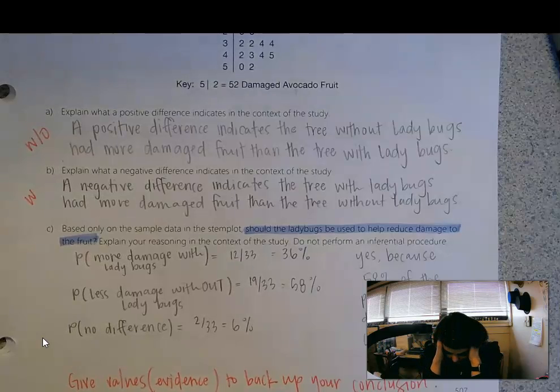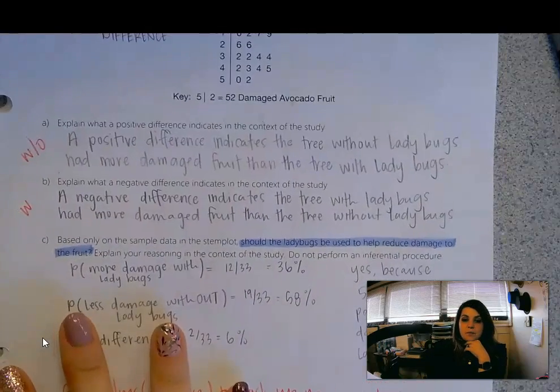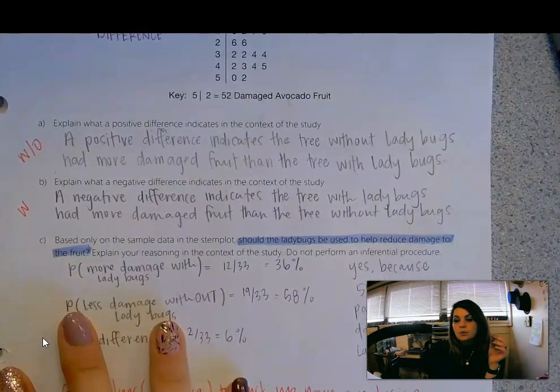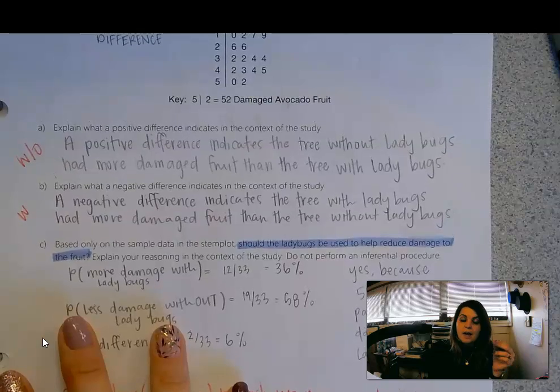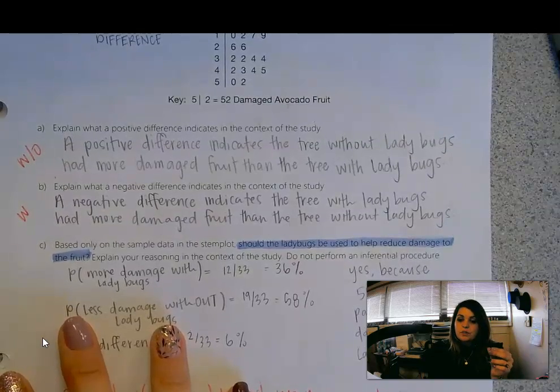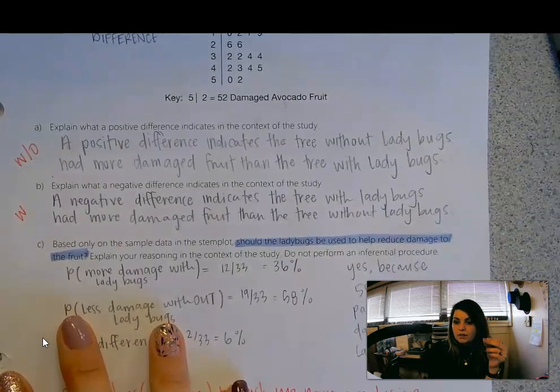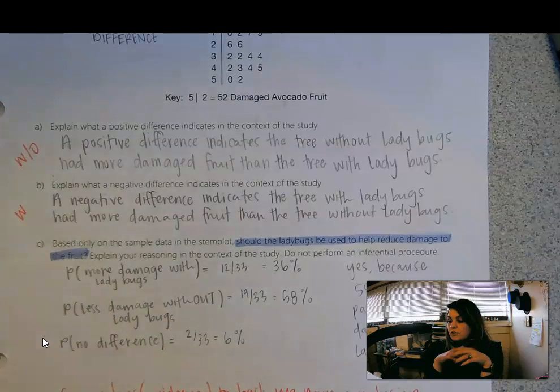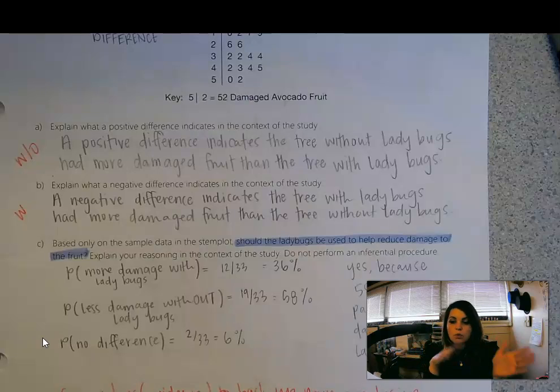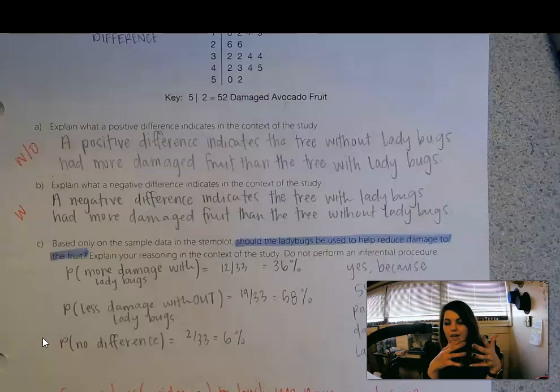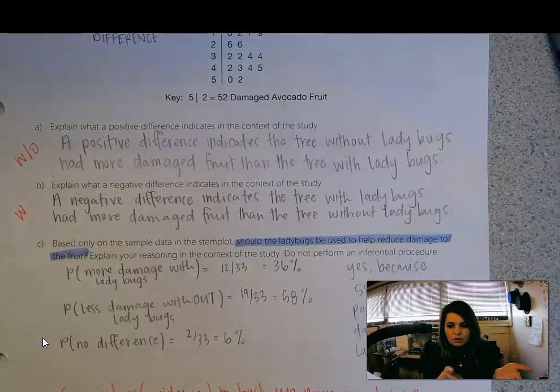So explain what a positive difference indicates. This means that the tree without ladybugs had more damaged fruit than the tree with ladybugs. Lots of you were saying things like there was less damage or more damage.